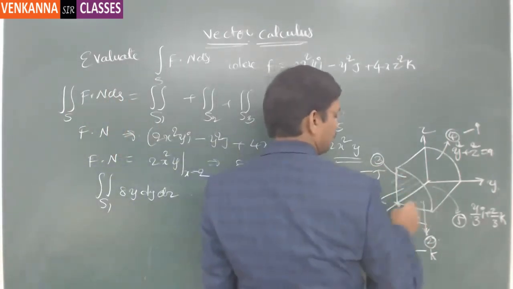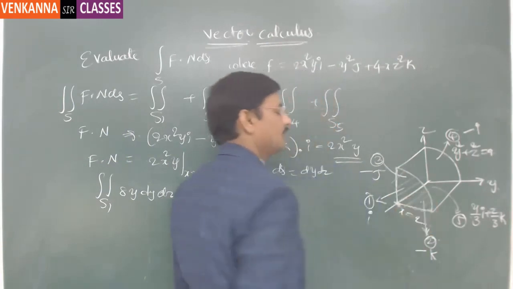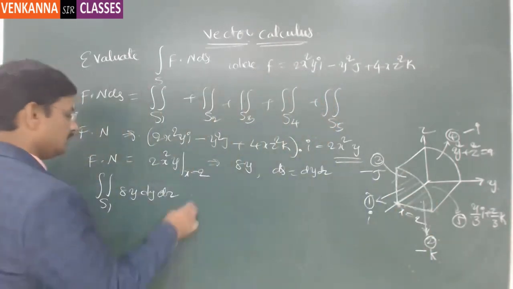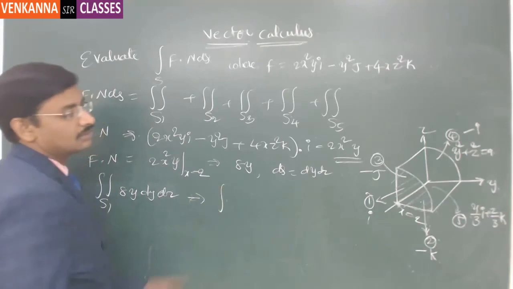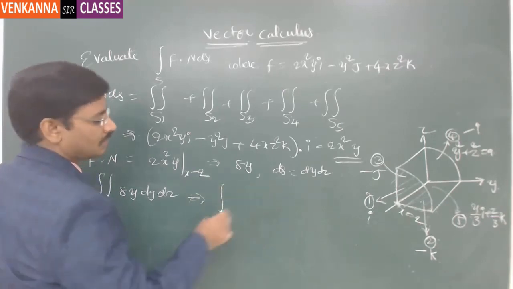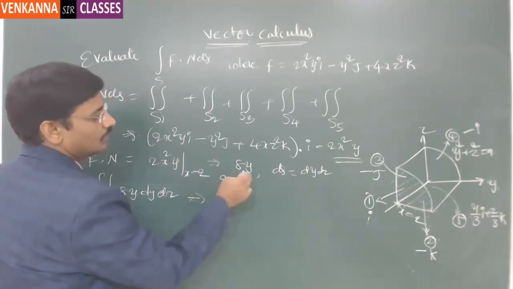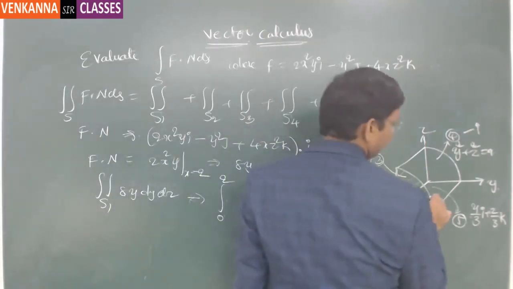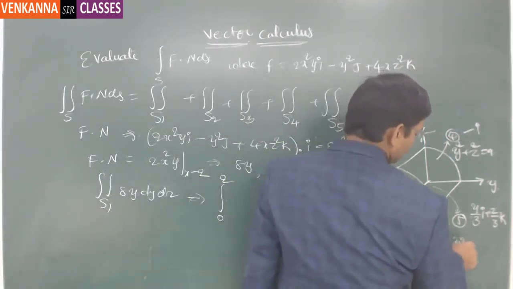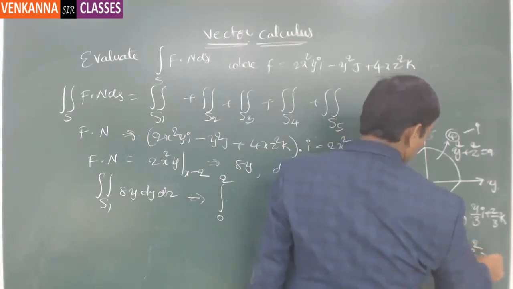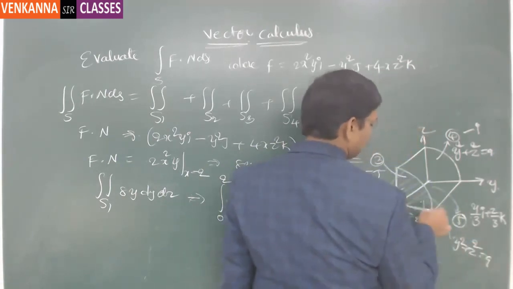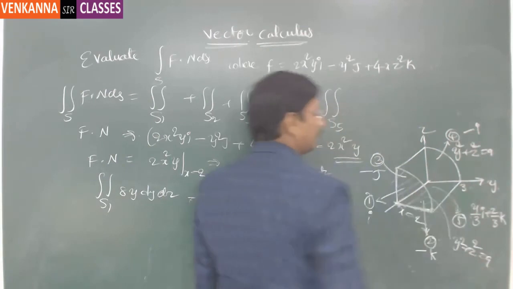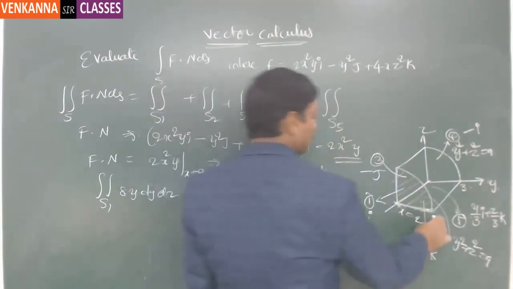So this is the shaded area that you need to identify as the limits. This circle is given by y square plus z square is equal to 9. That means the radius is 3.